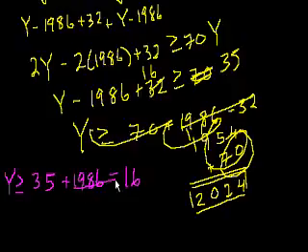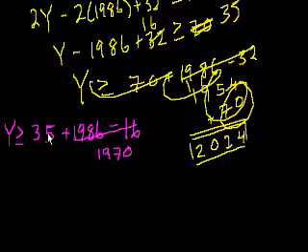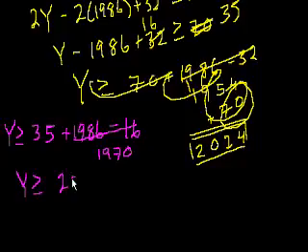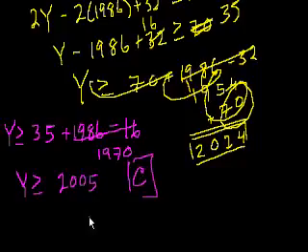So this is equal to 1970. And then we have 35 plus 1970, so y has to be greater than or equal to 2005, which is choice C. And I'm out of time. Sorry for that careless error, and I'll see you in the next video.